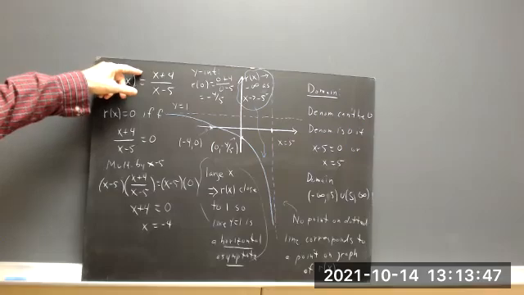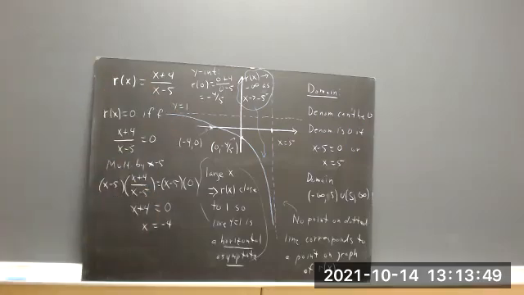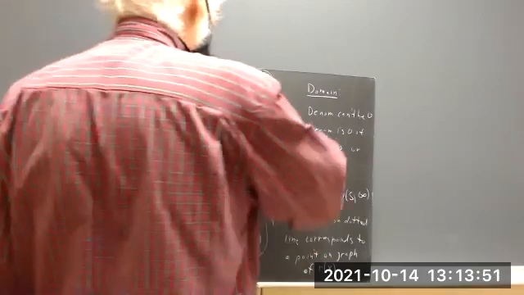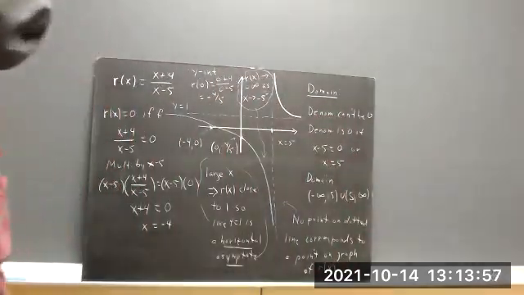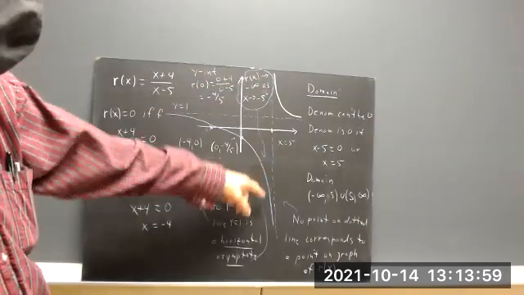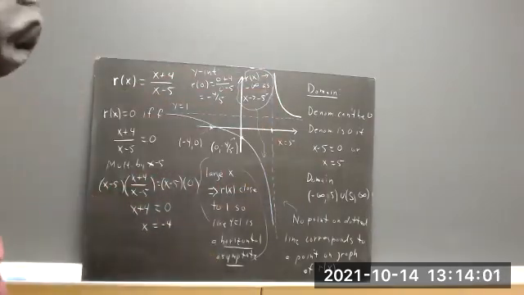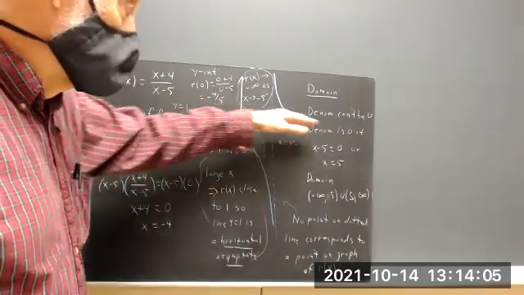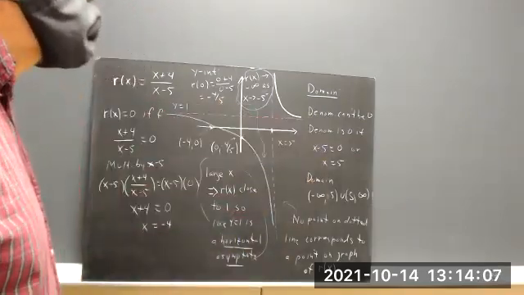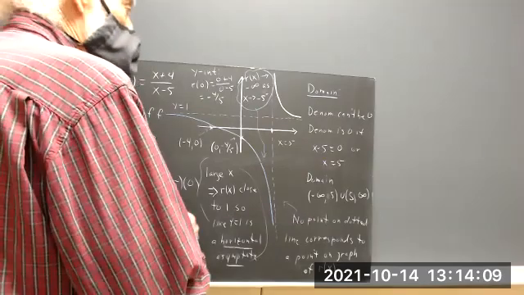It's going to be positive because you've got a positive number there. So over here, that's going to look like this. It's going to have an asymptote at the line x equals 5 and at the line y equals 1.